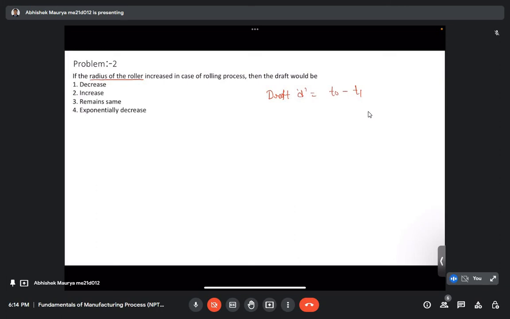So what will happen if we increase the roller radius, or let's say roller diameter? Then we will try to see with the help of a schematic.